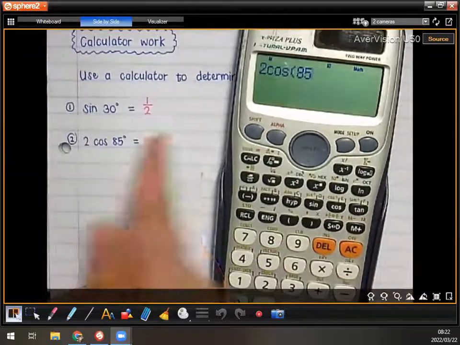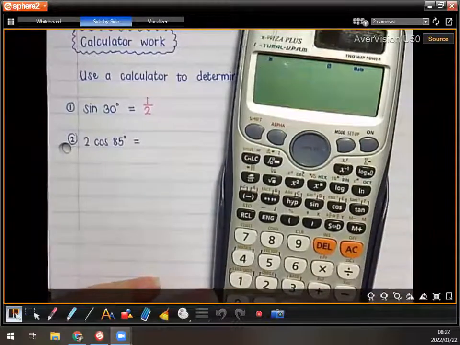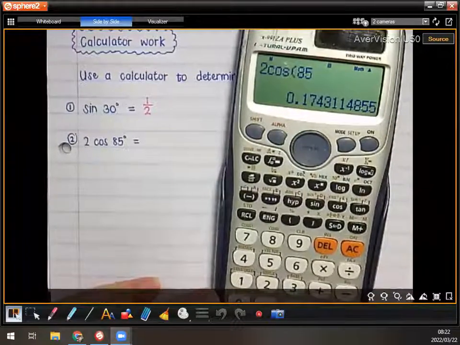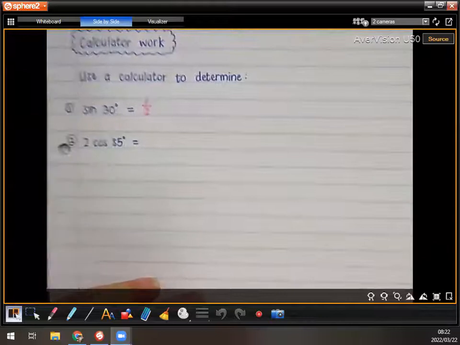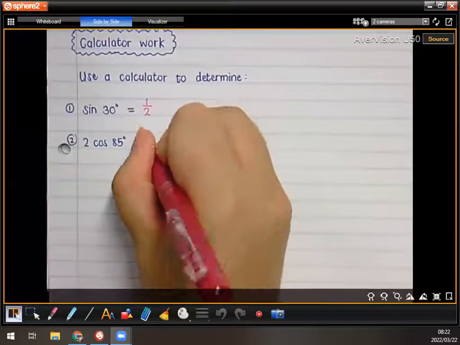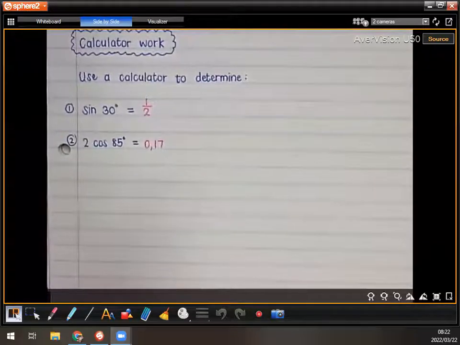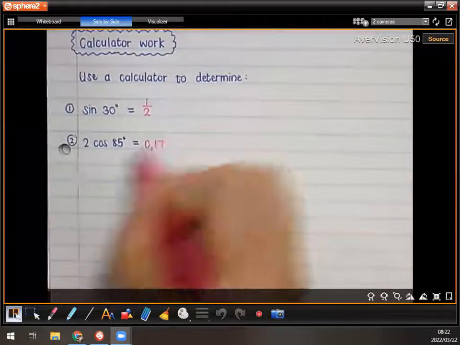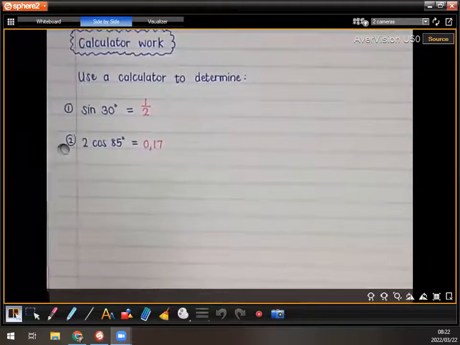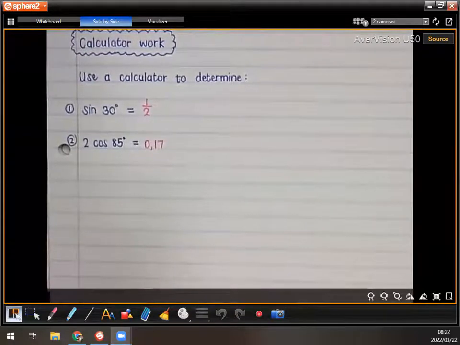There's nothing that's coming after that 85, so you don't have to close your bracket, equals 0.17. So this is like the ratio. They've just written it in the irrational.